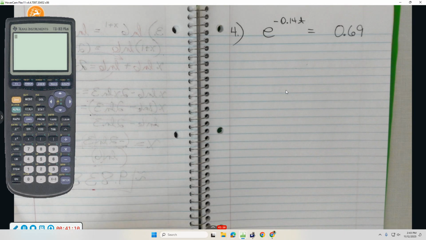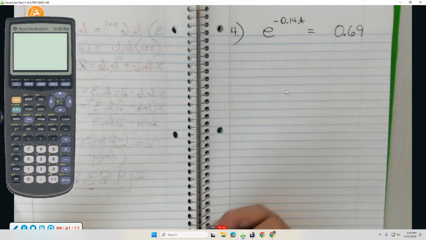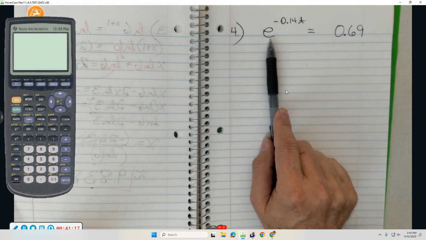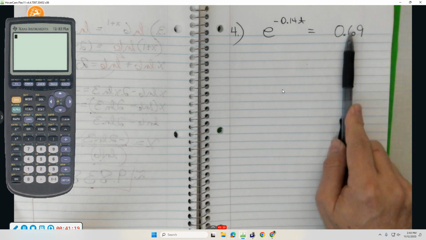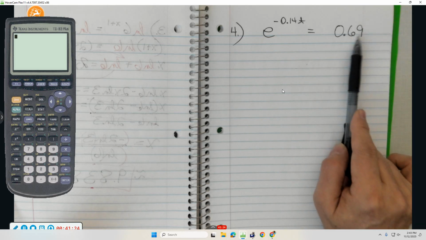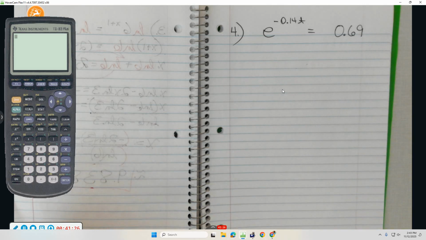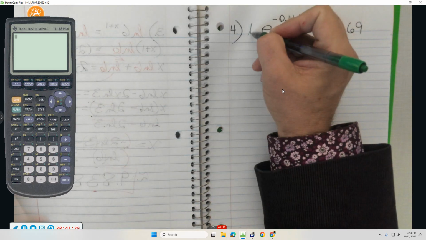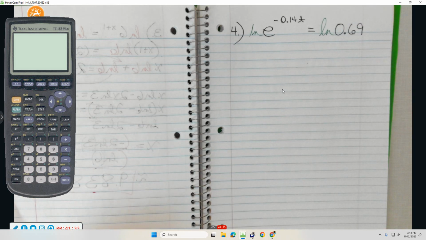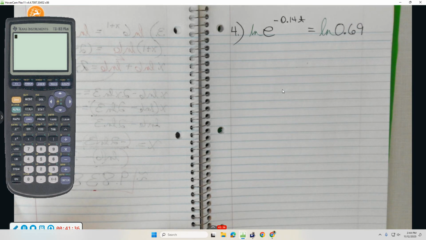Remember I said if you're solving an exponential equation with an e on one side, if you can get the same base, you better have an e on the other side. Otherwise you can't get a common base. There's no e over here. So we stick the ln in front of both sides. And what's about to happen?